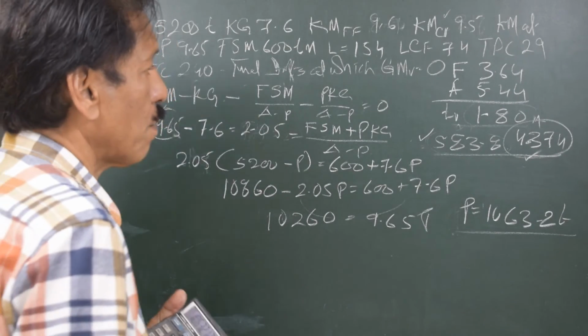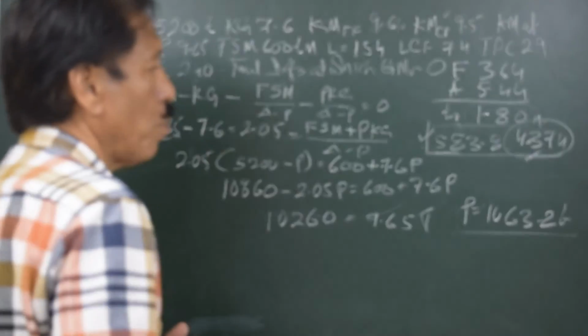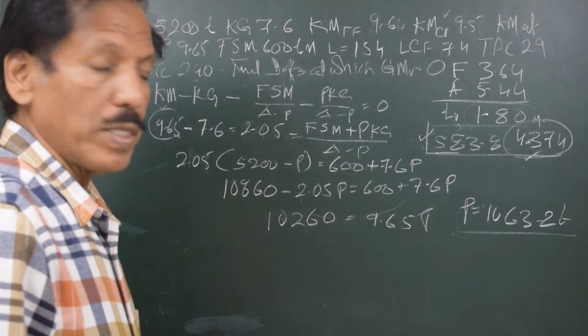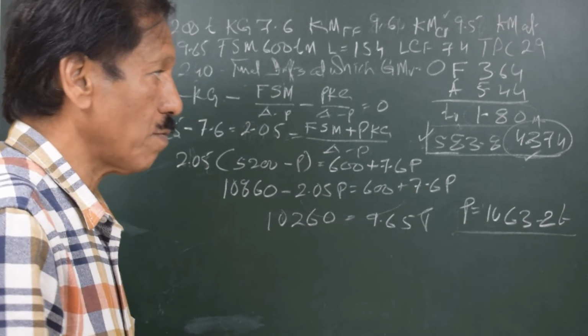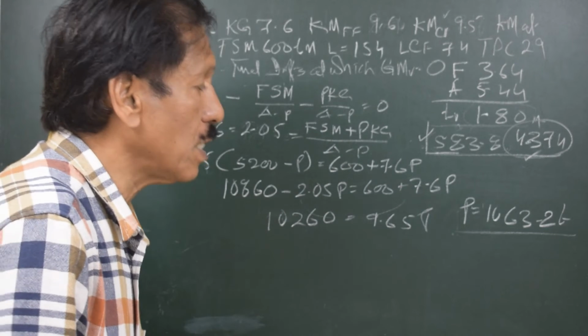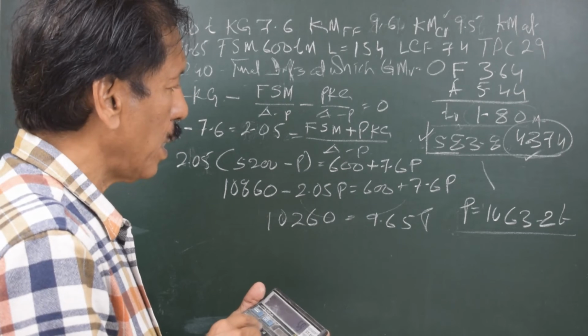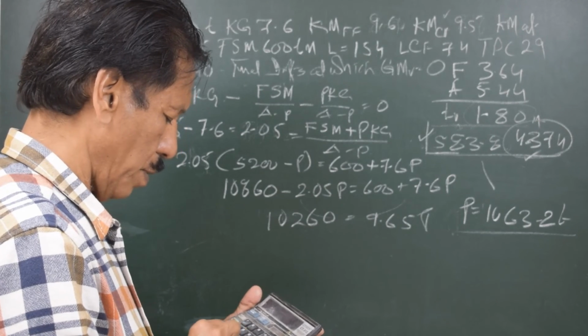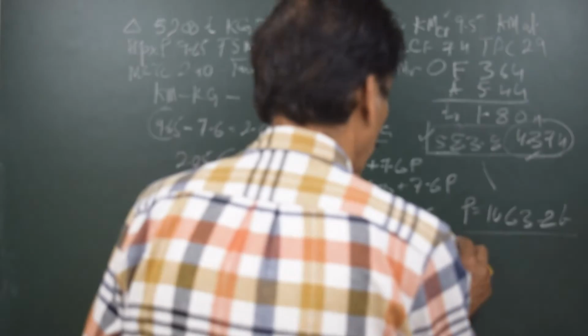We know the draft at critical moment. When the critical moment P was 583.8, we know the drafts fore and aft were 4.374. 1063.2 minus 583.8 gives me 479.4.